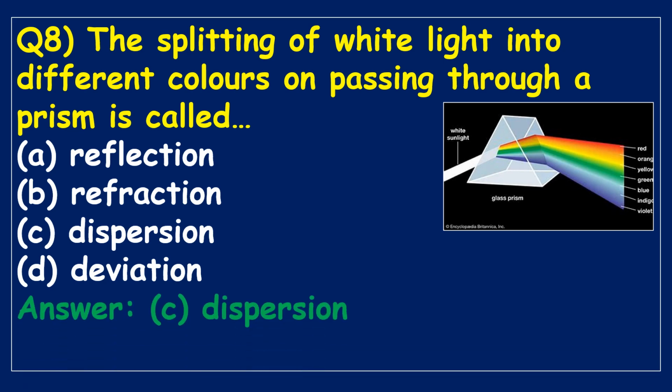Your answer is option C dispersion. So splitting of white light into its constituent colors when it passes through a transparent medium like a prism is called dispersion of light.